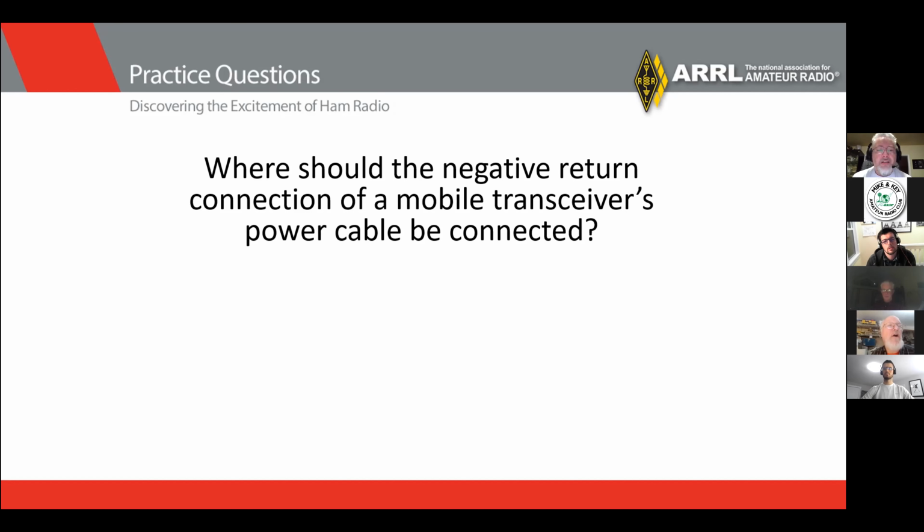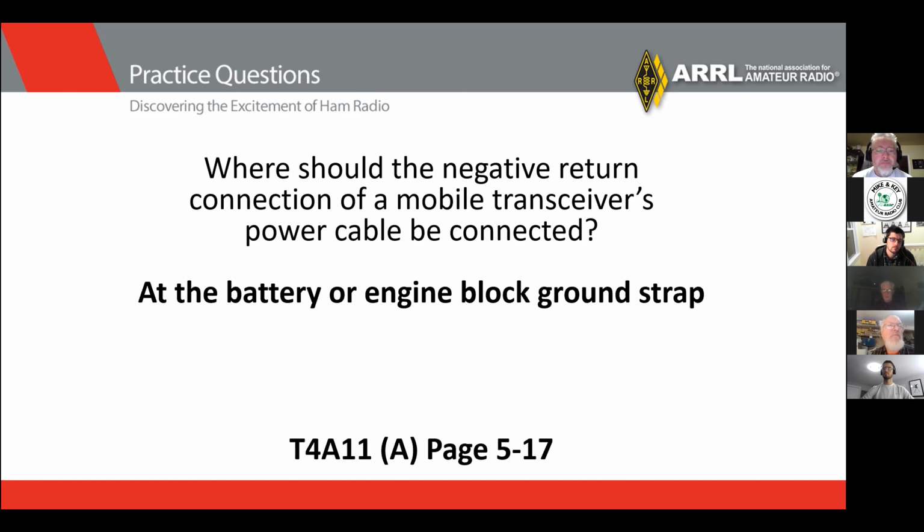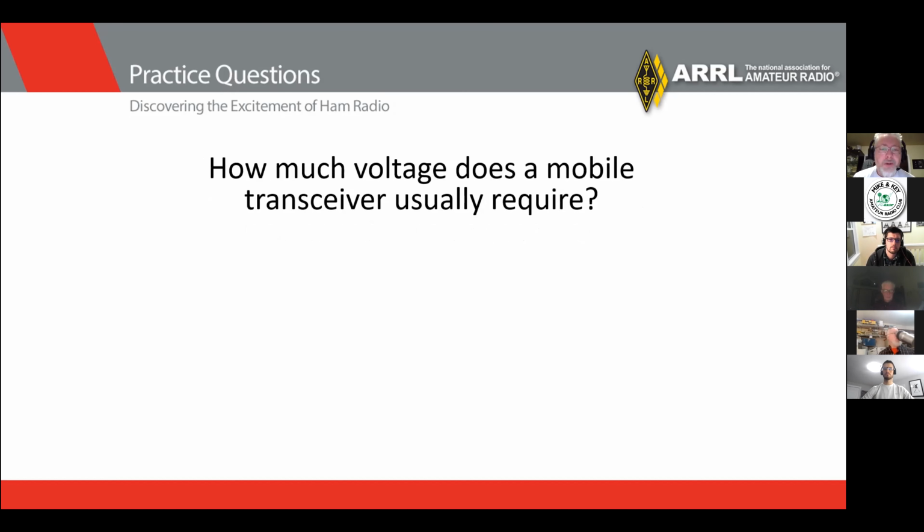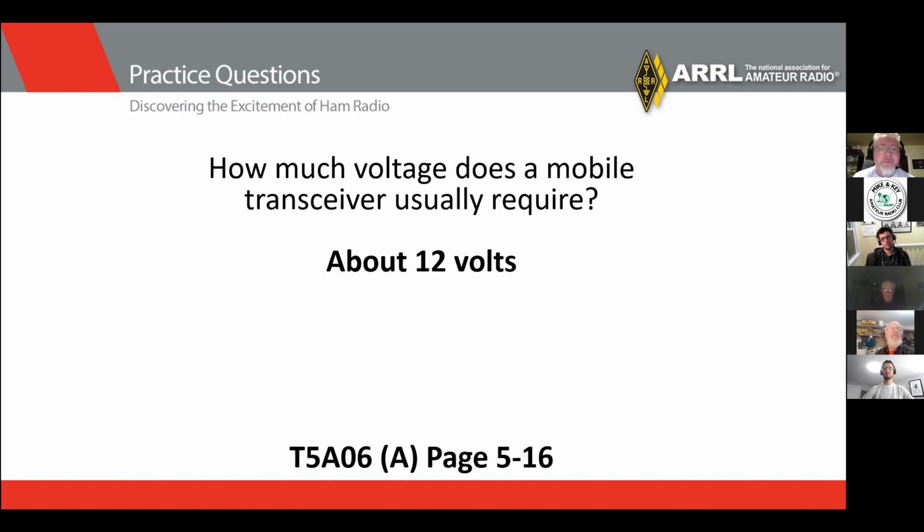Mobile, you're in your car. It should go either to your engine block or to the negative on your battery. At the battery or engine block ground strap. How much voltage does a mobile transceiver usually require? Car battery. About 12 volts.